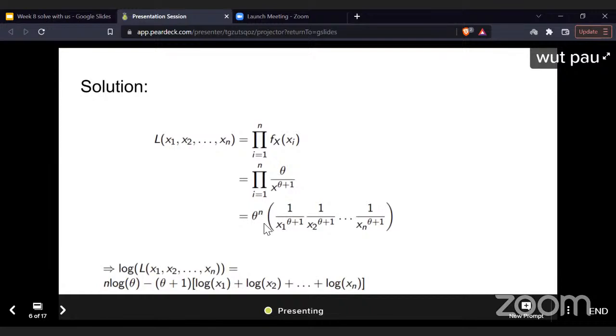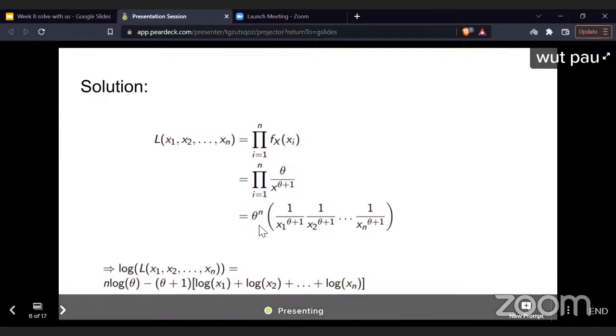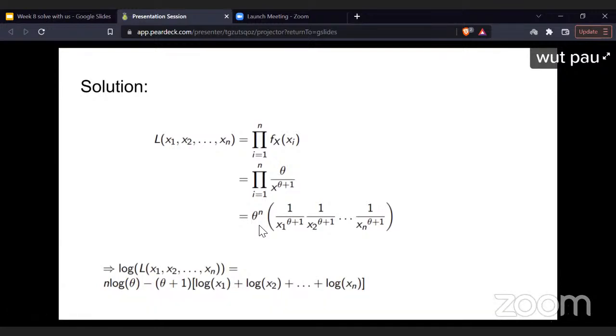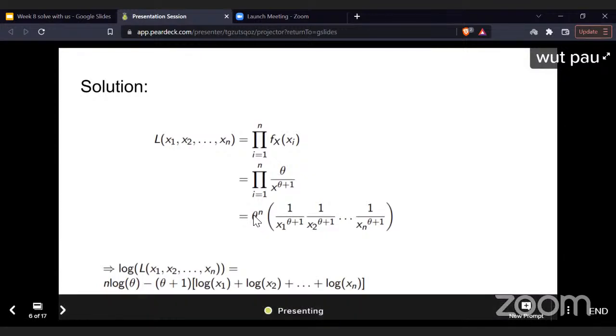So it will become log of theta to the power n plus log of 1 by x1 to the theta plus 1 times 1 by x2 to the power theta plus 1 and so on. You also know the property of log, that log of x to the power n becomes n log x, right? So log of theta to the power n will become n log theta.